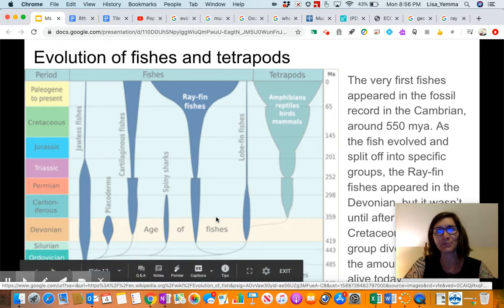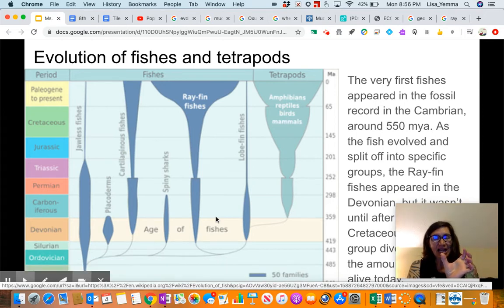Ooh, the other thing to point out about these diagrams, which is really cool, the thickness of the line or the thickness of the chart is speciation. So it's not necessarily how many population, it's how many species. So like for example, humans, we are one species with a population of 7 billion people.